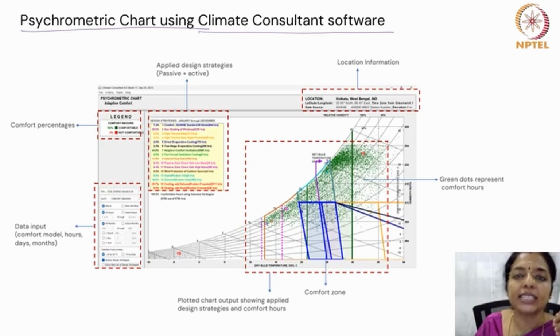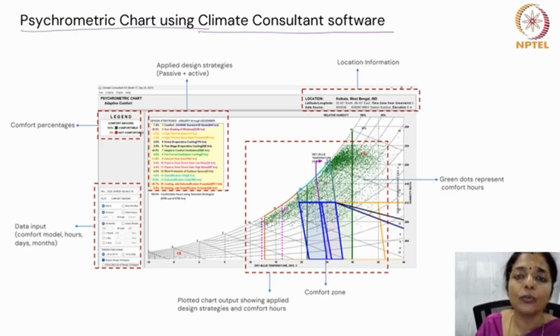Design strategies are beautifully represented by specific zones on this chart. The chart itself is divided into 16 design strategy zones, and the percentage of hours that will fall into each zone is also shown. This helps us to derive the most effective passive and active design strategies for that particular location.